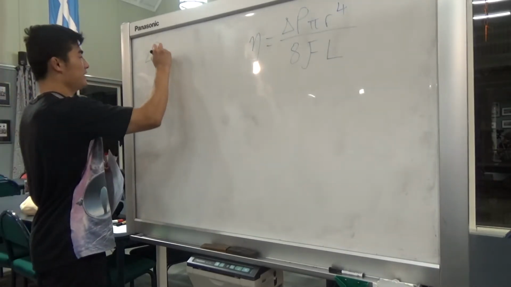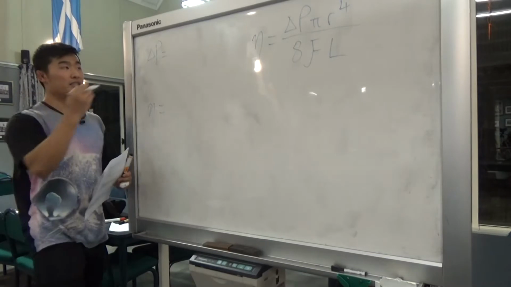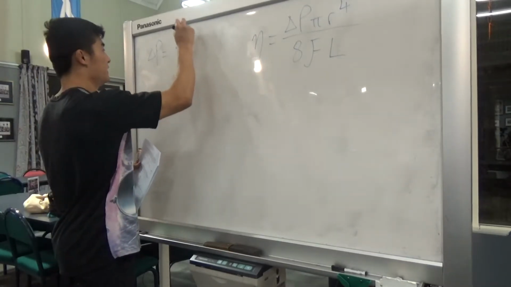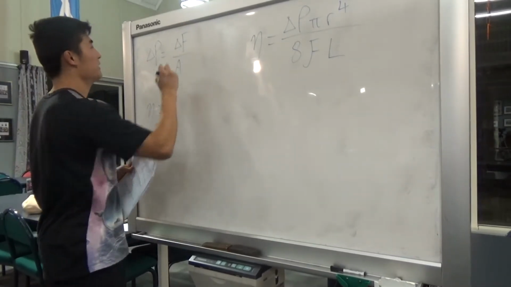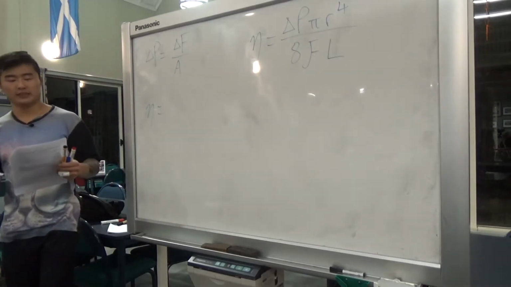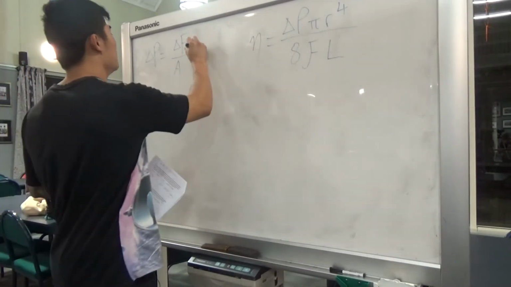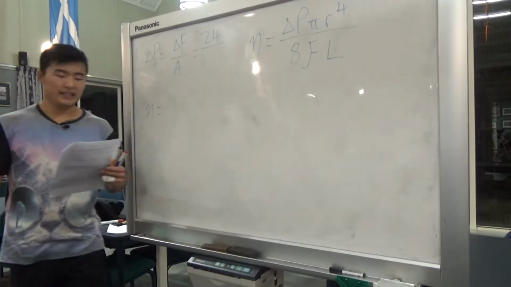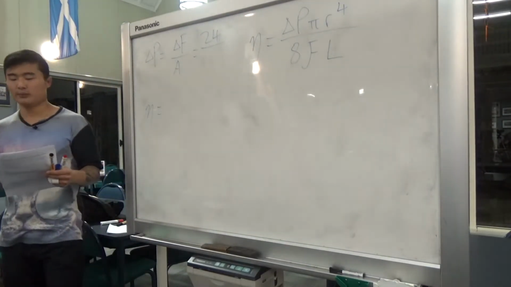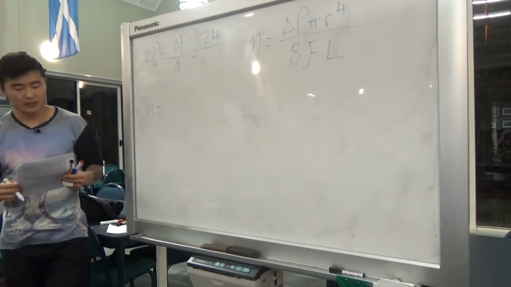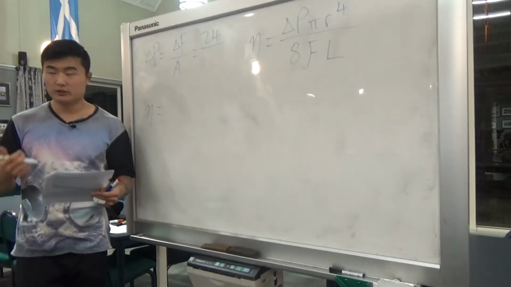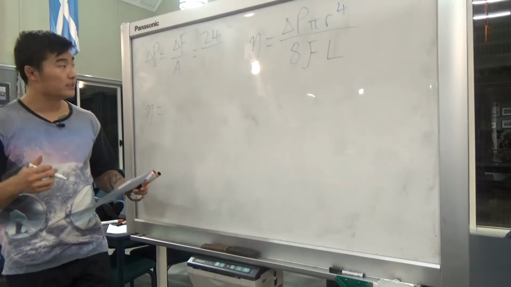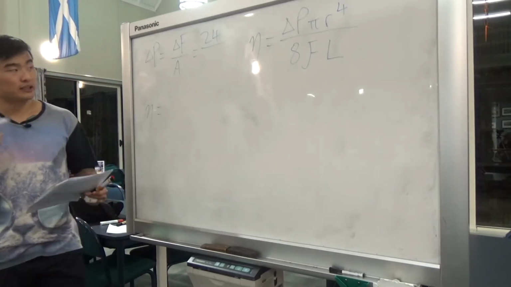The change in pressure, remember, is the change in force over area. So we have a force of 24 newtons being applied, and the cross-sectional area we can determine from the radius. The radius is 1 centimeter or 0.01 meters.